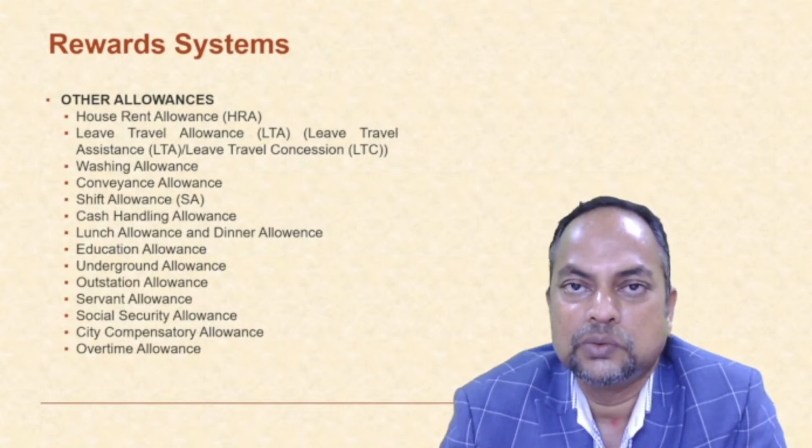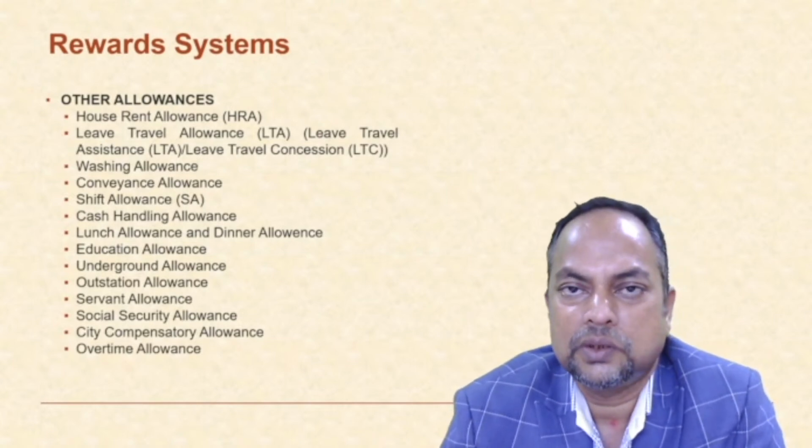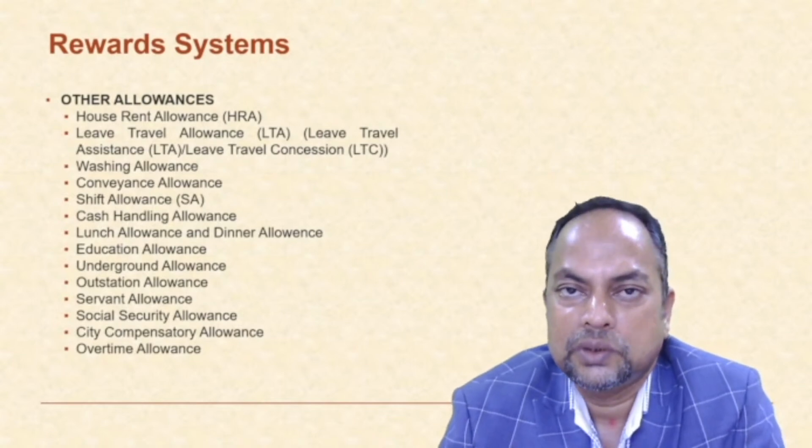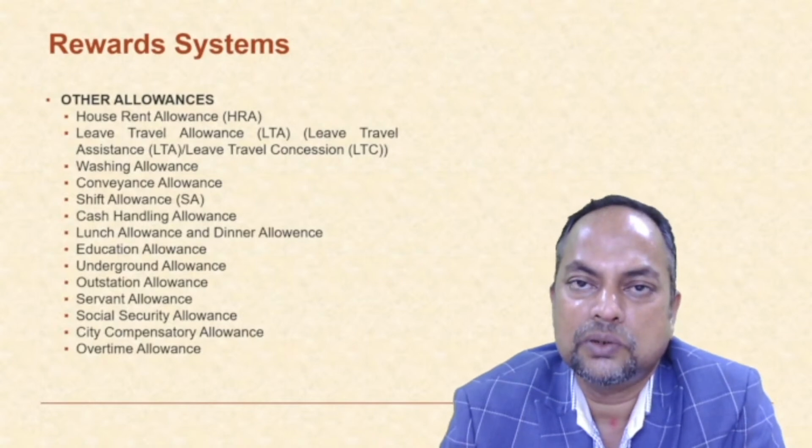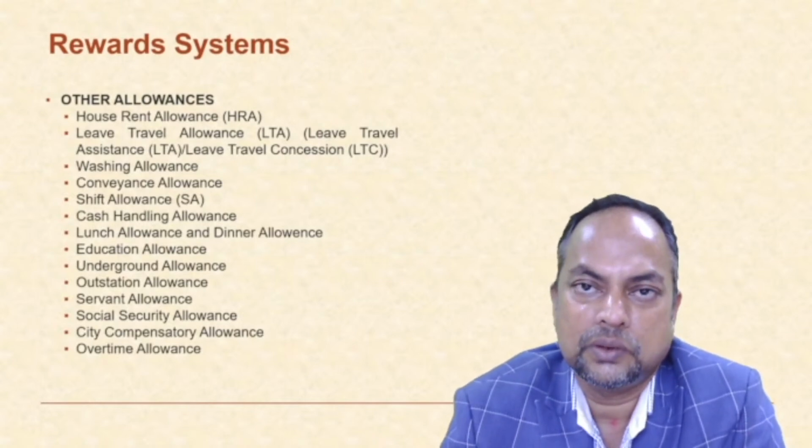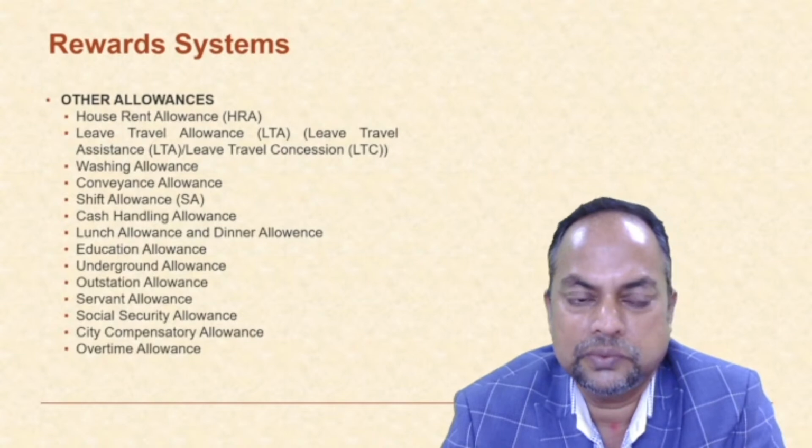So this is a very risky job of handling a huge amount of cash. So this cash handling allowance is also being provided to the workers dealing with those kinds of jobs.